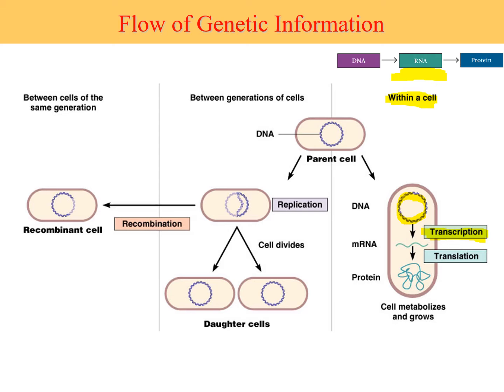And then the information in the messenger RNA, which is originally from the gene, is used to synthesize a protein. And so that is translation. So proteins are synthesized from the information in the messenger RNA transcript, and that occurs at the ribosome, and a protein is produced by translation.